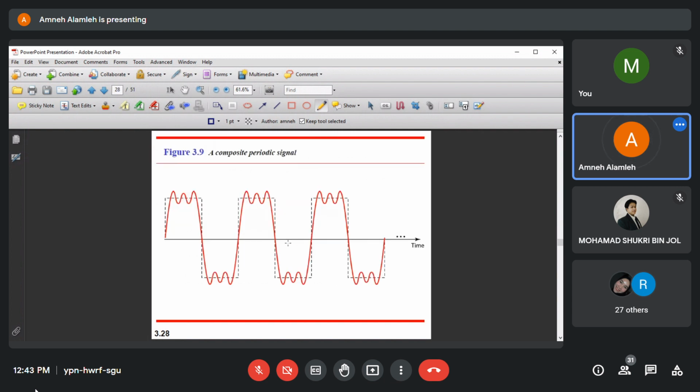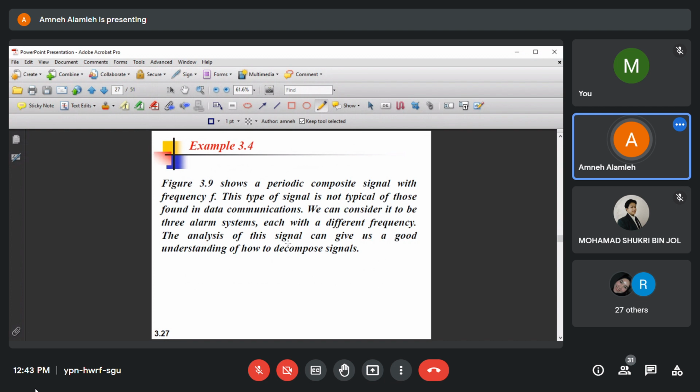This example, 3.9, shows a periodic composite signal with frequency f. This type of signal is not typical of those found in data communication.